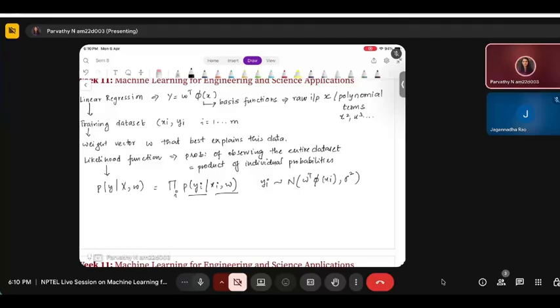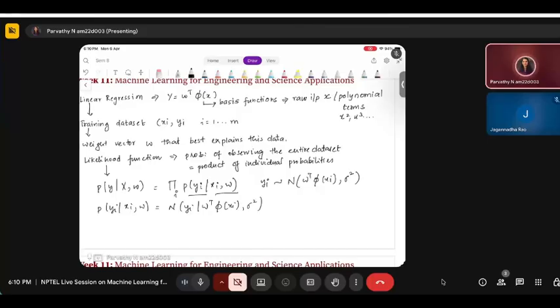So this would be P of yi given xi comma w is equal to N of yi given w transpose phi of xi, sigma square.